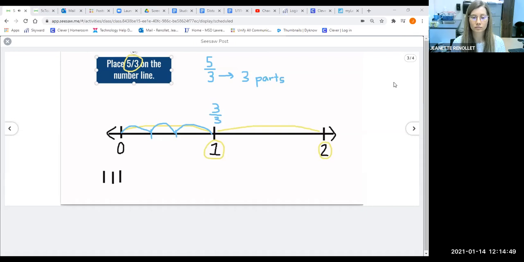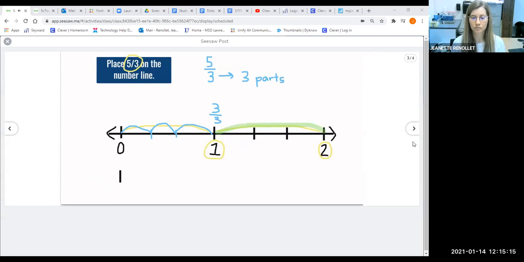Next, I can partition my second whole into 3 equal parts. I'm going to use the line tool to partition. I now have partitioned my whole into 3 equal parts.